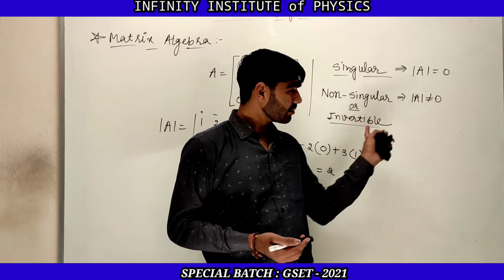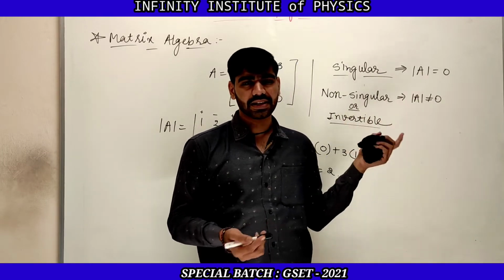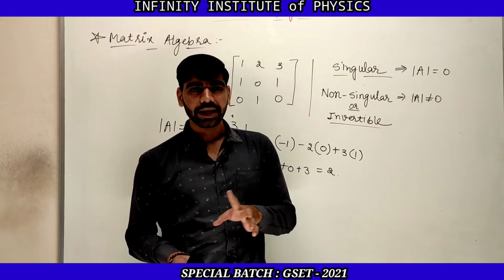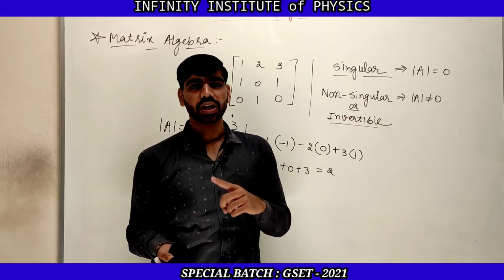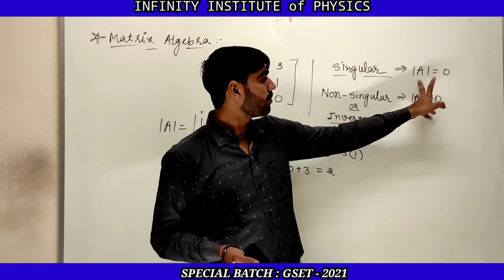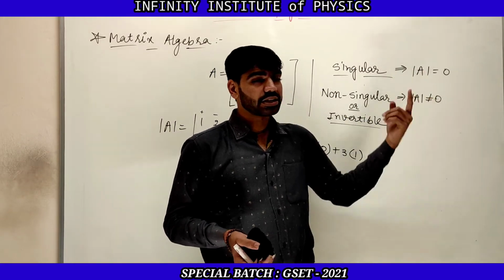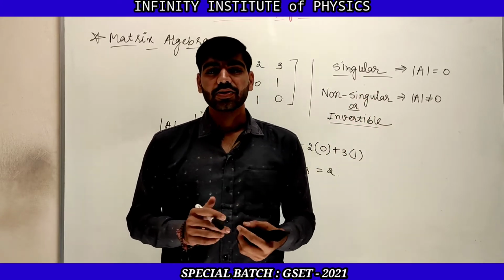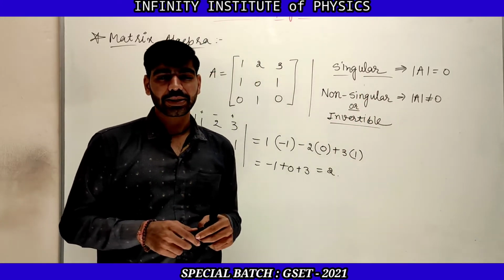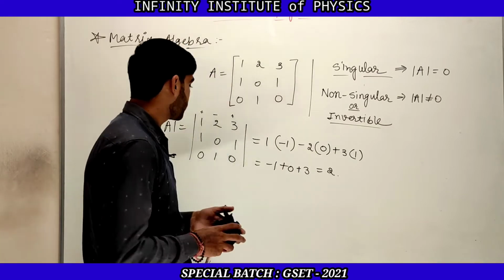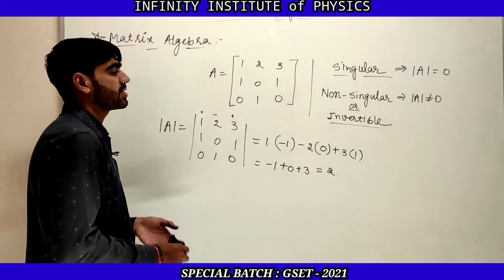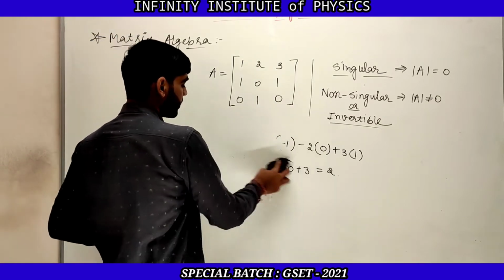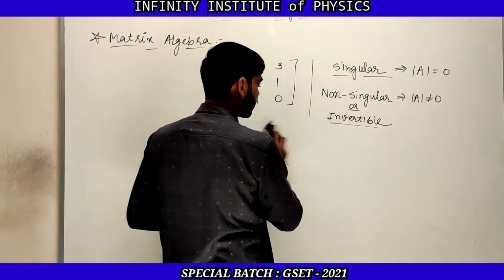This is true both ways, because it is a necessary and sufficient condition that a matrix is invertible if and only if its determinant is not equal to 0. If we have a matrix with determinant 0, then it is not invertible and it is said to be a singular matrix. So a matrix with determinant 0 is said to be singular, and a matrix with non-zero determinant is said to be non-singular, or you can say invertible. An invertible matrix means a matrix for which we can find the inverse.